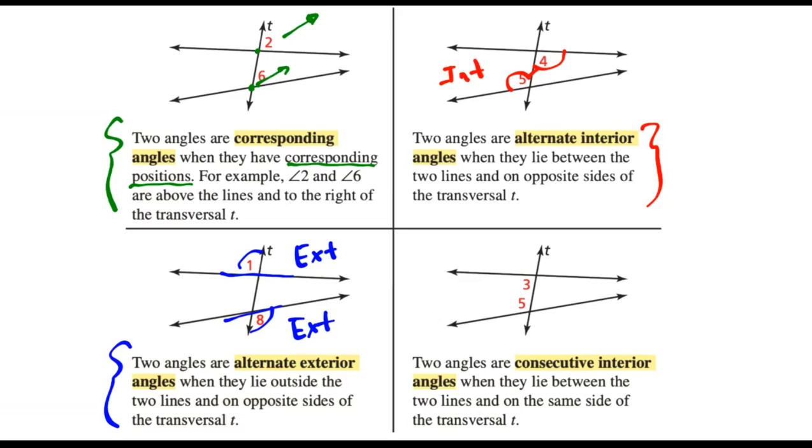And the last one here is consecutive interior angles. Again, we are on the interior region in between the 2 lines connected by the transversal. And consecutive means that they're not switching sides, they're on the same side. Sometimes some books call this the same side interior angles.